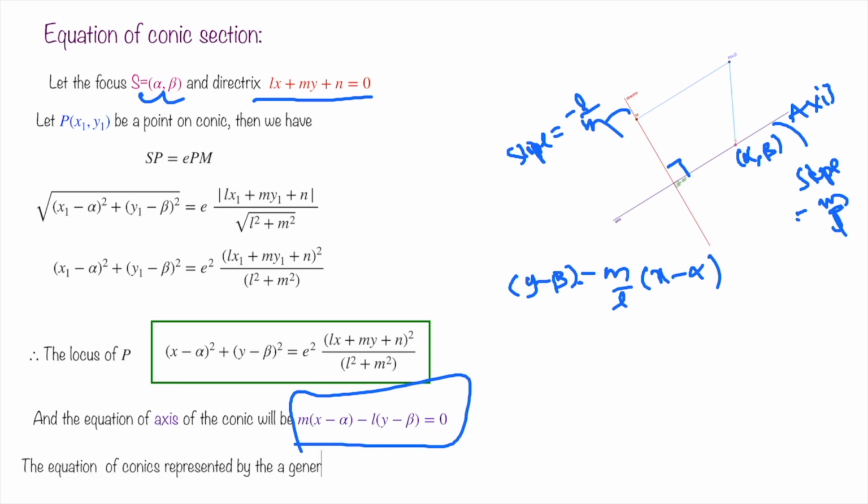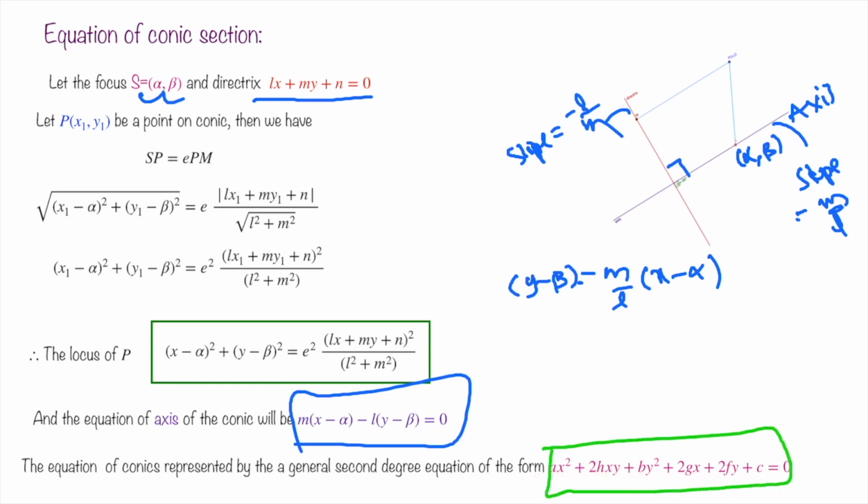So if you expand both sides, this equation will turn out to be a general second degree equation in x and y that looks like this: ax square plus 2hxy plus by square plus 2gx plus 2fy plus c equal to 0.